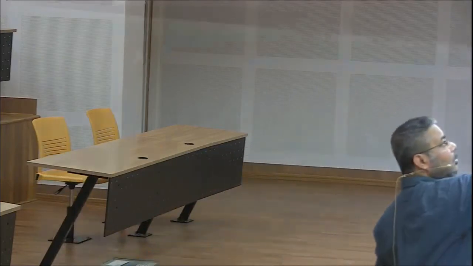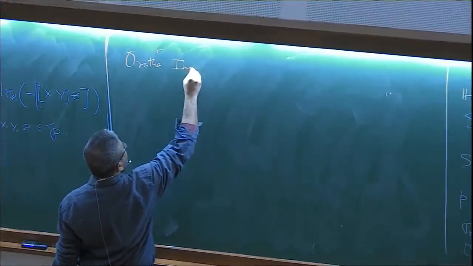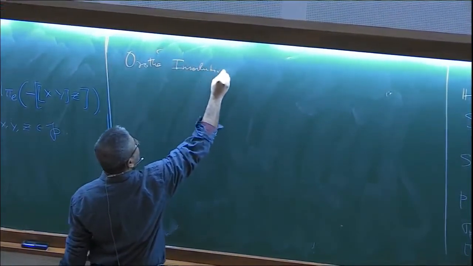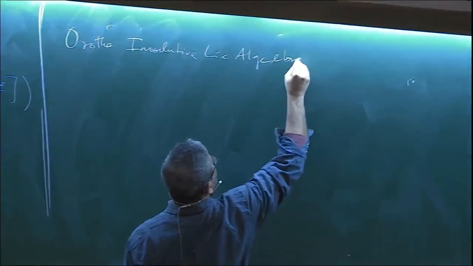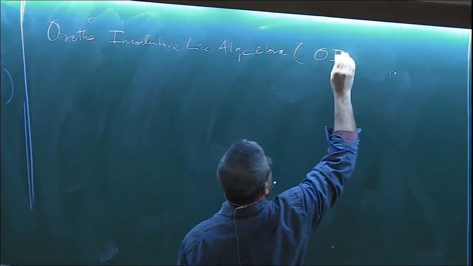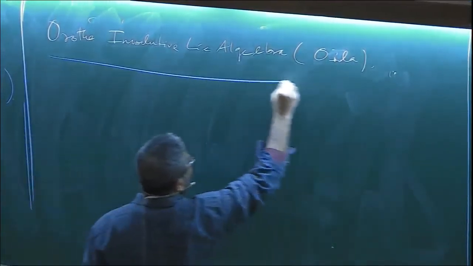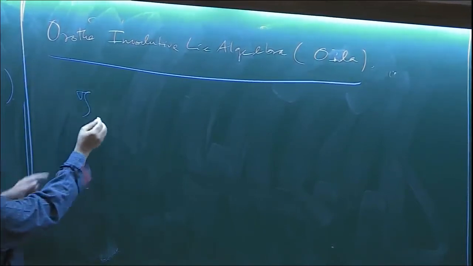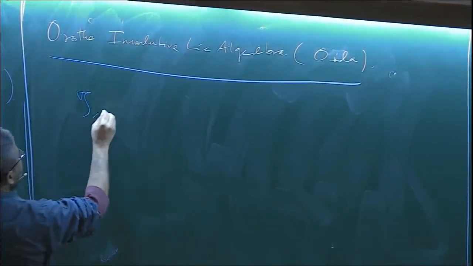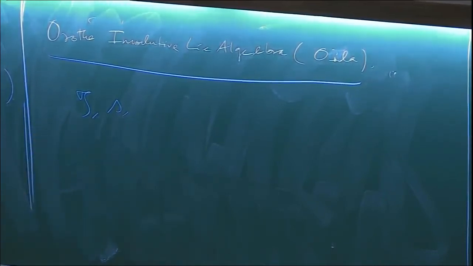I abbreviate by OILA. So g is a Lie algebra, and s is an involution on the Lie algebra of order 2.